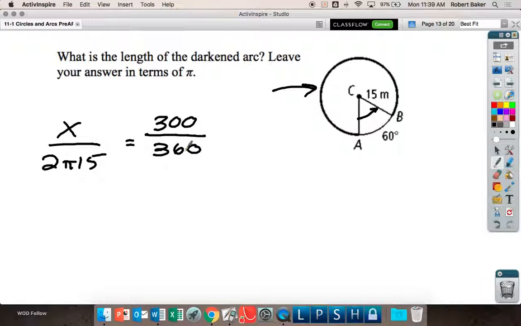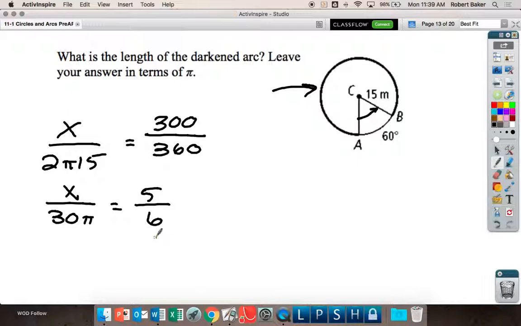So that's part of the length over the whole length equals part of the degrees over the whole degrees. I like to write it out just like that, and I like to simplify things. Well, this is really x over 30 pi. And I can simplify 300 over 360 to 30 over 36 or 5 over 6.